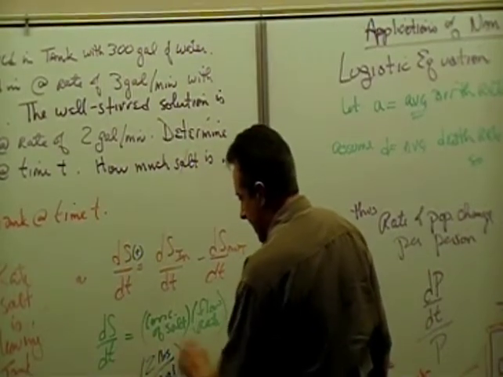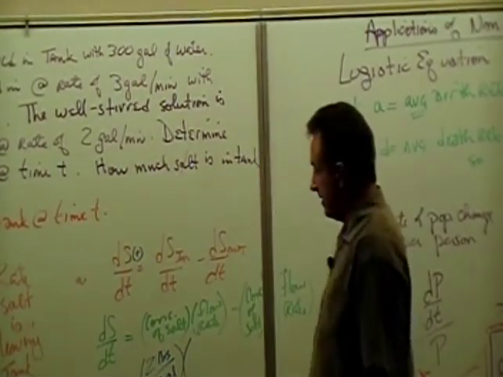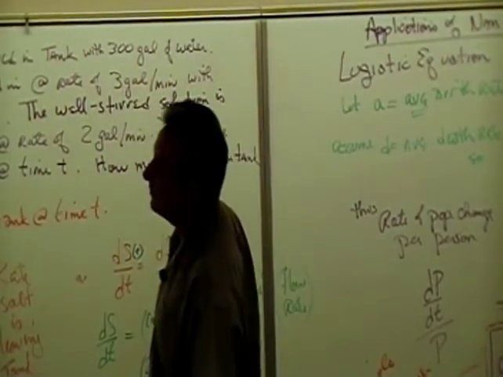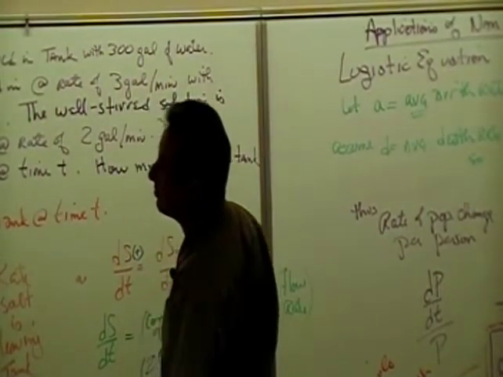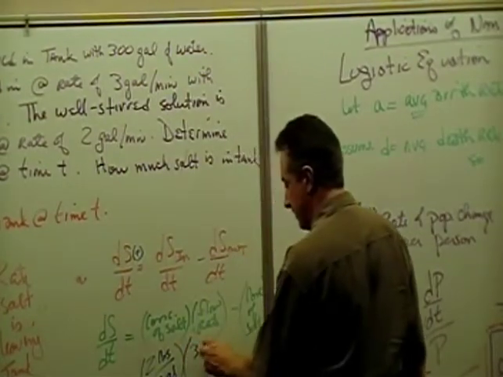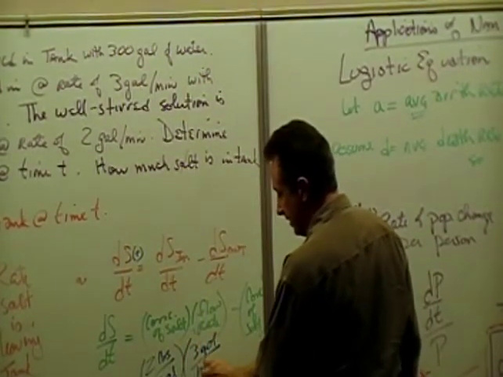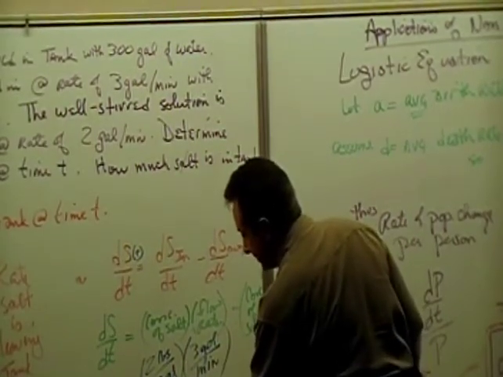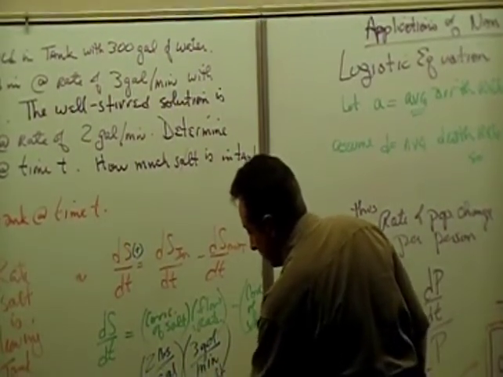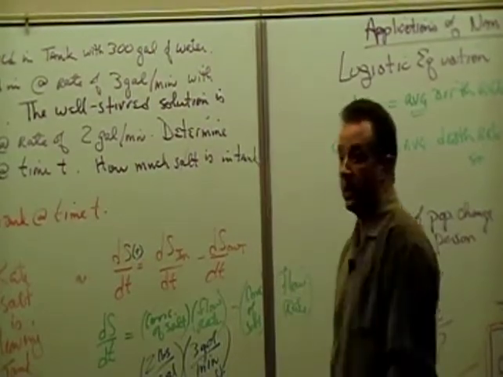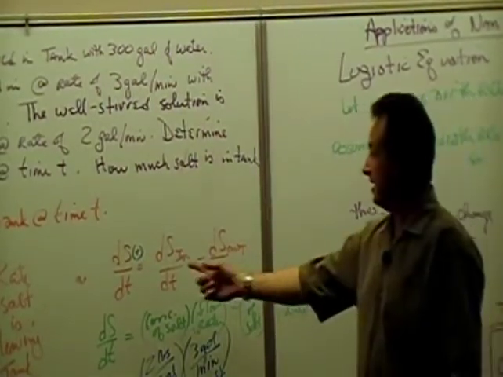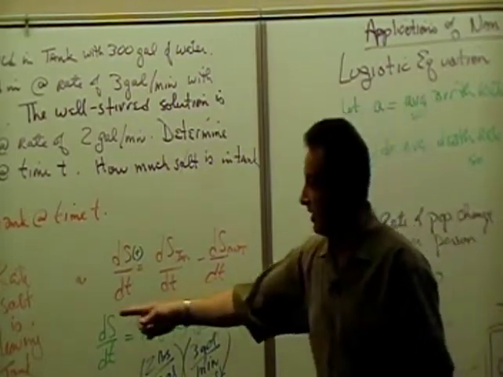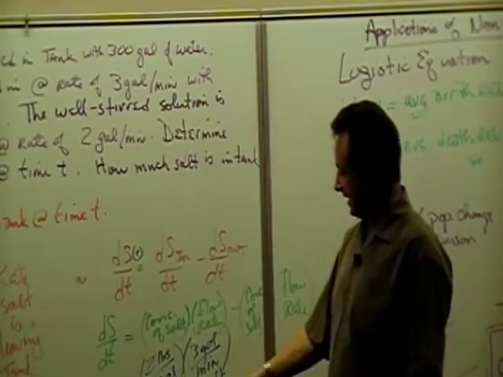If I multiply it by the flow rate, what's the amount of fluid, brine, coming in? 3 gallons per minute. You'll actually have 6 pounds of salt per minute coming into the tank. And that's the rate of change of the salt coming in with respect to time. It's the rate of salt entering the tank: 6 pounds of salt per minute.